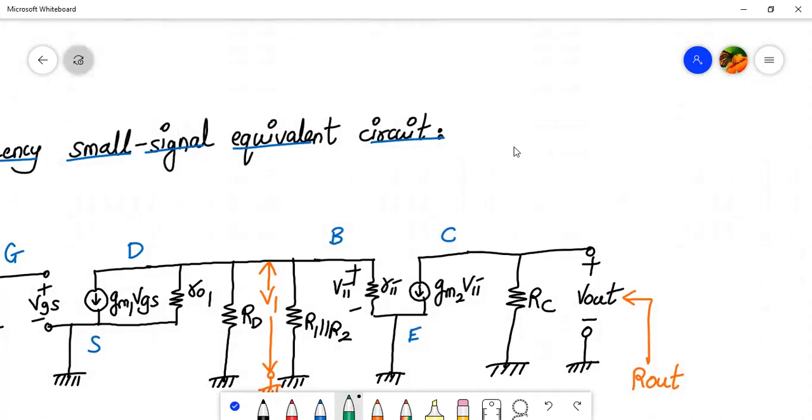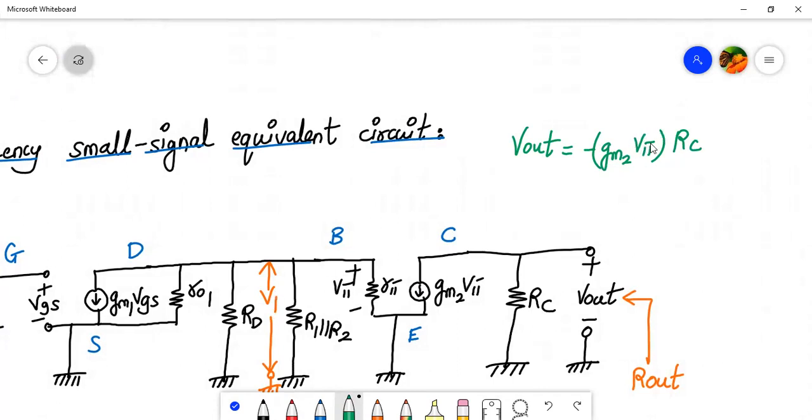Now what is V out? V out is nothing but this current, which is the outgoing current over here. It will be minus because it's not going to the ground. So this will be the current gm2 times V pi, times the resistance RC. And what is V pi? V pi is in parallel with, and is the same as, V1.